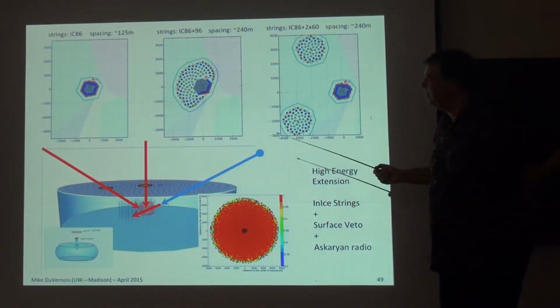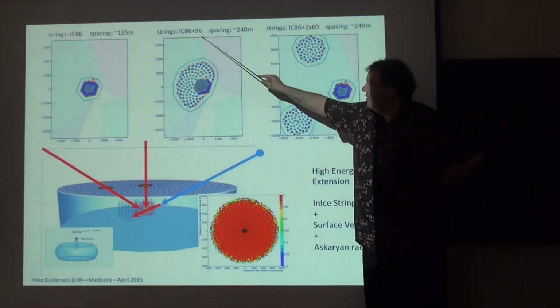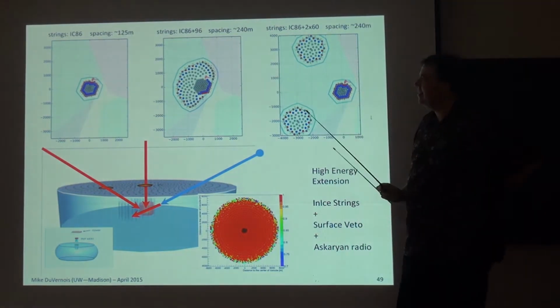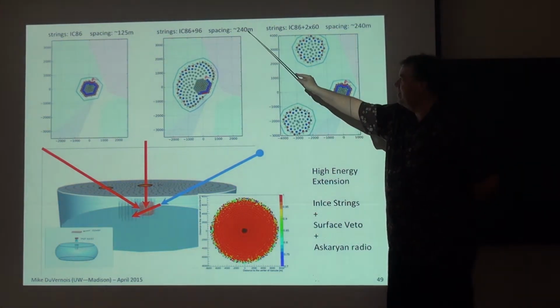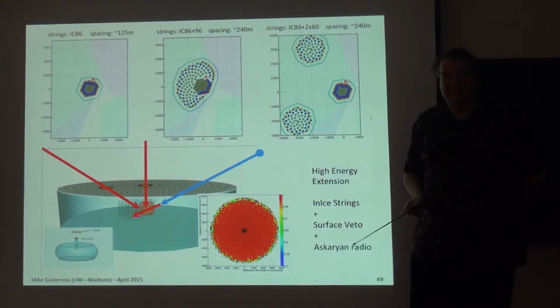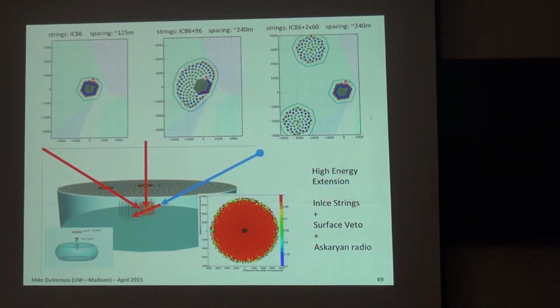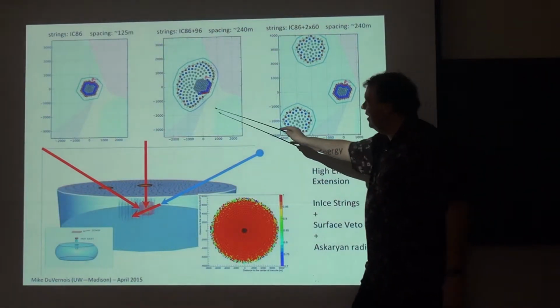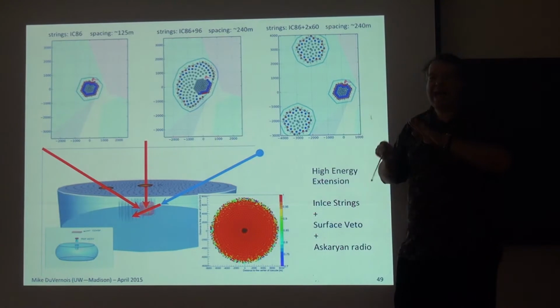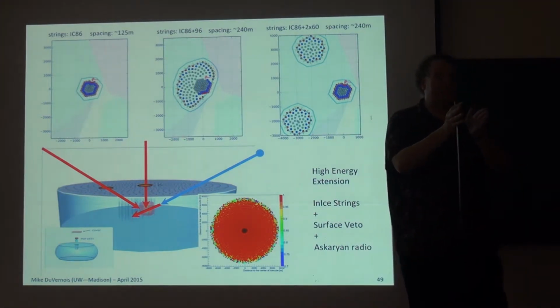However, if we would build more stations, an idea of adding another 96 strings, these might be spaced at something closer to 240 meters, which has more than adequate signal at 100 TeV, and a layout that eliminates alleys and pathways through the detector.